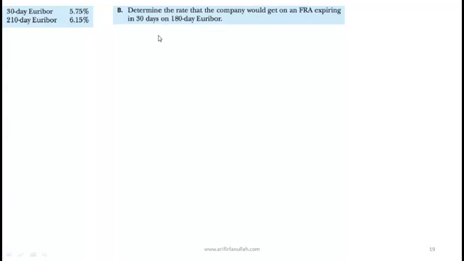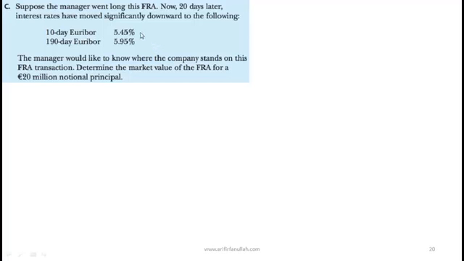Part B is coming up with the price or the rate, which we did. What do you think part C will be? 15 days. Now 20 days later, the interest rates have moved significantly downward. So just off the top of your head, did the long gain or lose? Long lost. Okay, we are given the new rates.